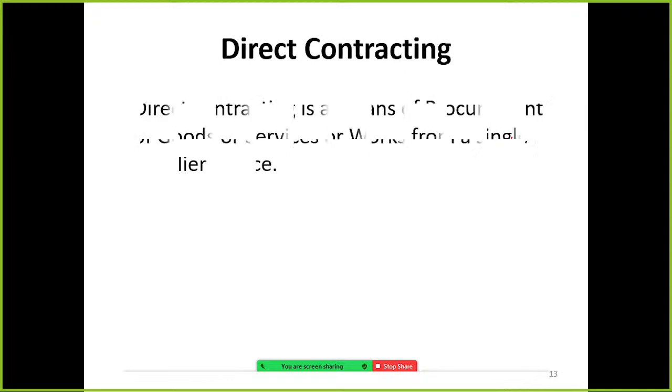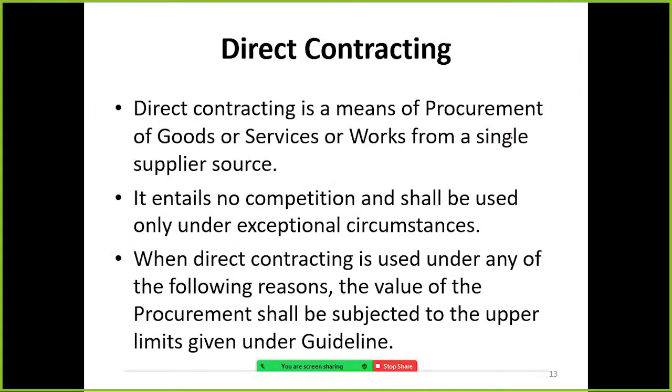Right. And direct contracting, so directly they can visit, they can call the supplier and they can get the items. So direct contracting is a means of procurement of goods or services or works from a single supplier. They are not receiving quotations from multiple suppliers.